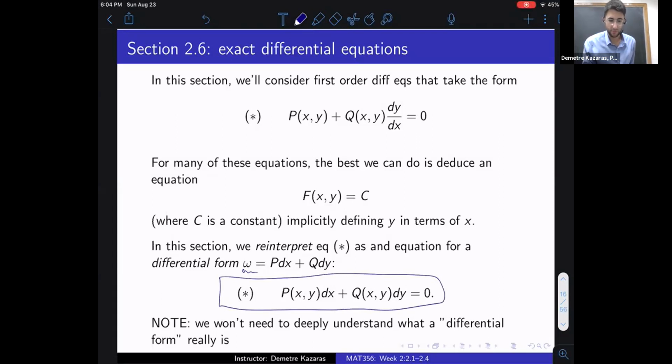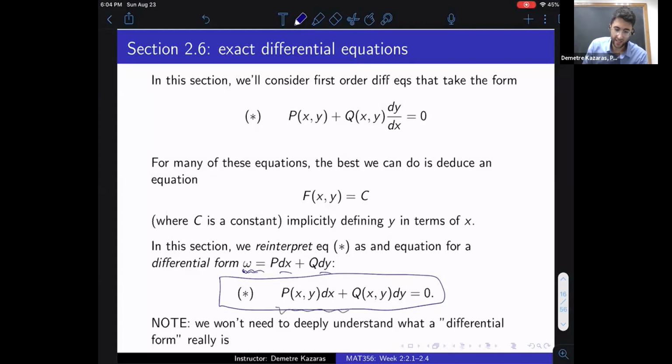I won't always be writing p of x and y, q of x and y, just p and q. But this is simple. Right now we are just abstractly treating dx and dy as some symbols. We don't really have too much of a meaning for them, some vaguely infinitesimal things.